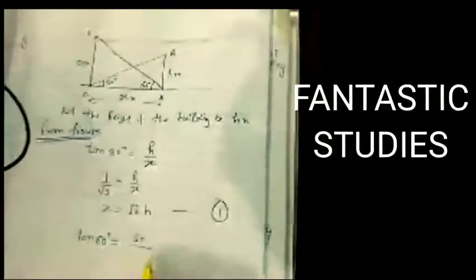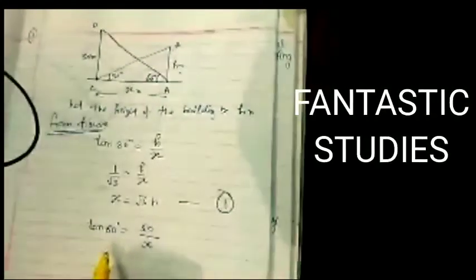So tan 60 degree is equal to 50 by X. The value of tan 60 you must be knowing. It is very important. You should know all the values. I have already told you and given you a technique so that you can remember. The value of tan 60 is root 3. Root 3 is equal to 50 by X, or X is equal to 50 by root 3.